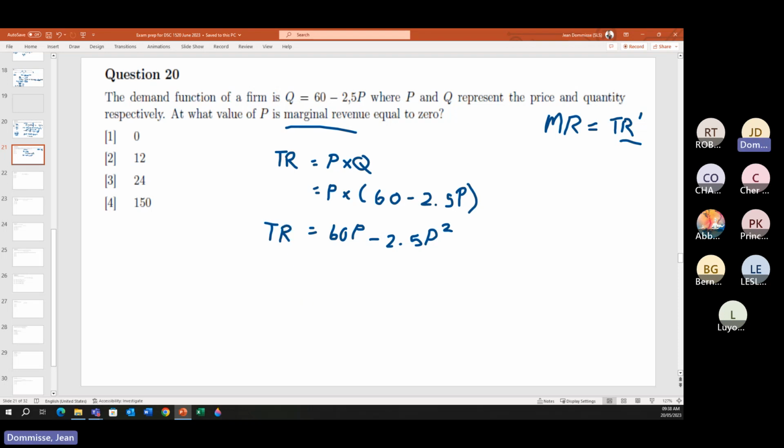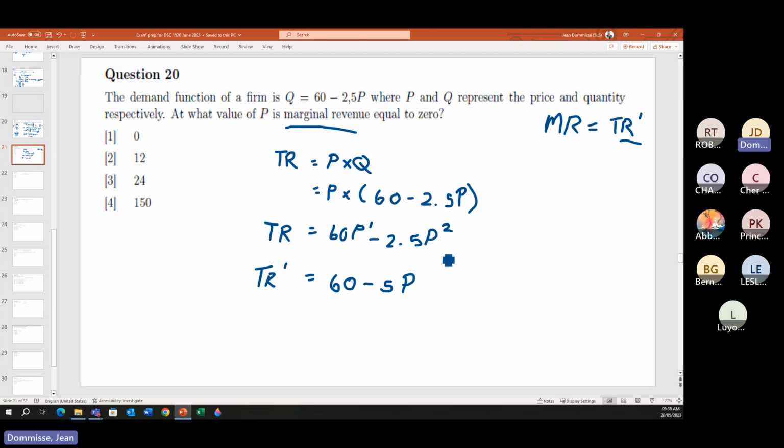Okay, so then we need to differentiate that. So to differentiate that, remember there's a 1, so it goes to the front. Then it is P to the power of 1 minus 1, so it basically disappears. That goes to the front: 2 times 2.5 is 5.